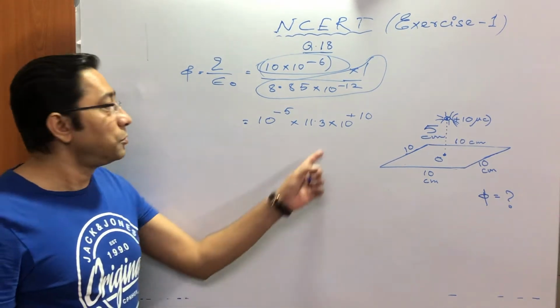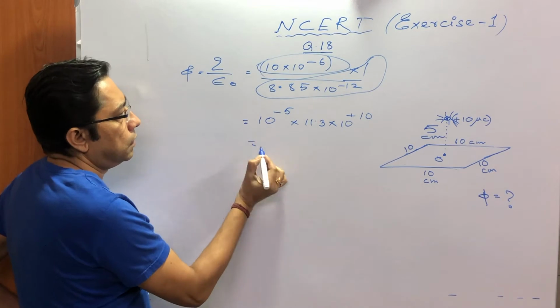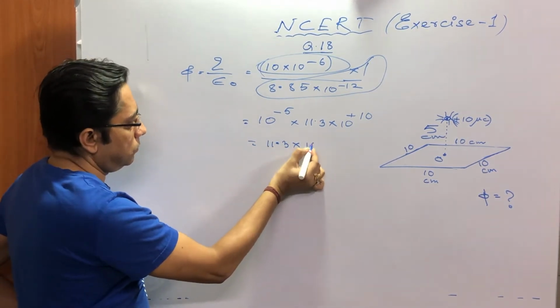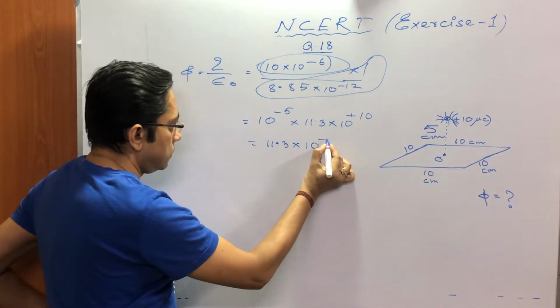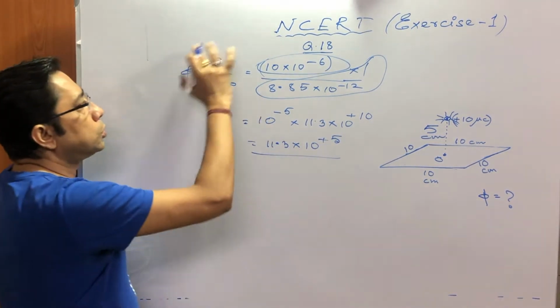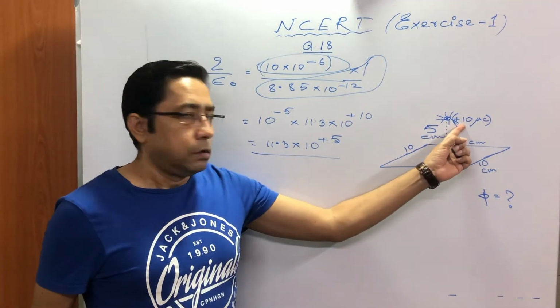I suggested you to remember this. Anyway, so it becomes easy. Ultimately it becomes 11.3 into 10 to the power plus 5. This is the total amount of flux that can come out of a charge of 10 microcoulomb.